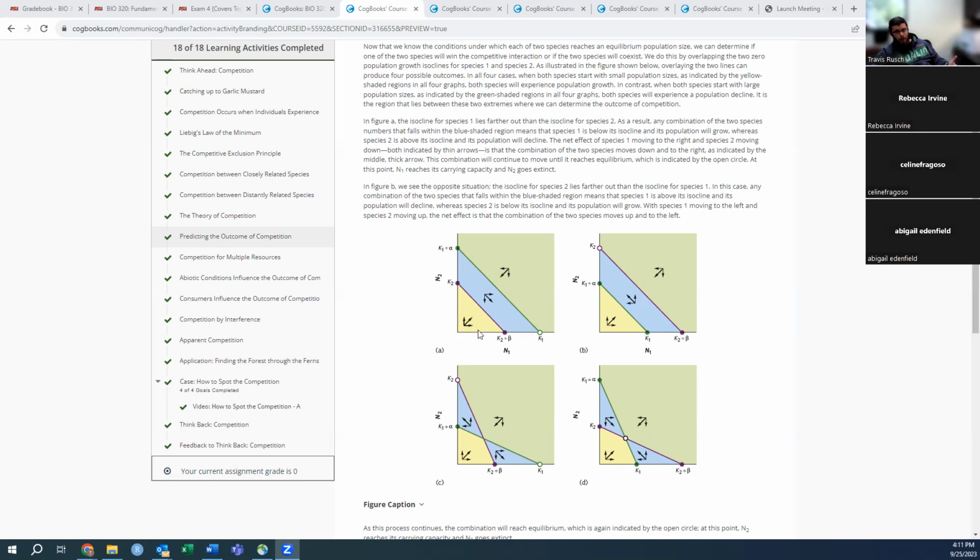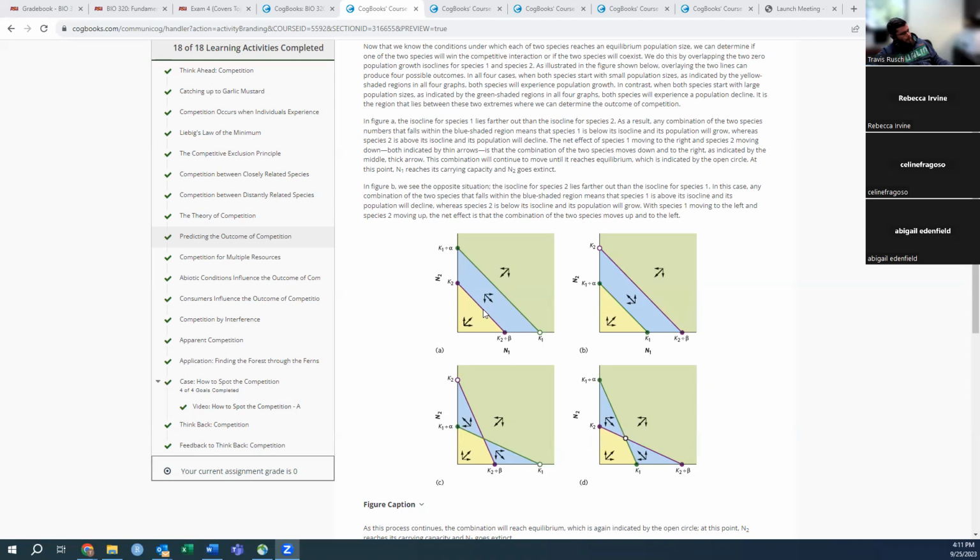That means they're both increasing because they're below their isoclines, below their carrying capacities. And the net effect is this middle arrow, which says we're going to move towards this first isocline. As long as we're at these smaller numbers of organisms for populations one and two, in this area they can coexist.